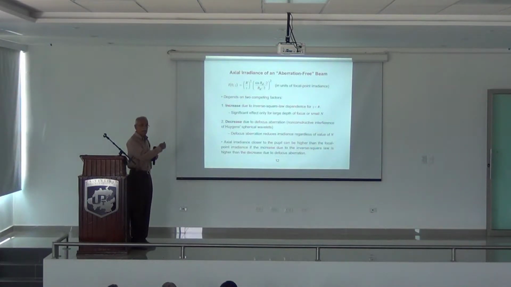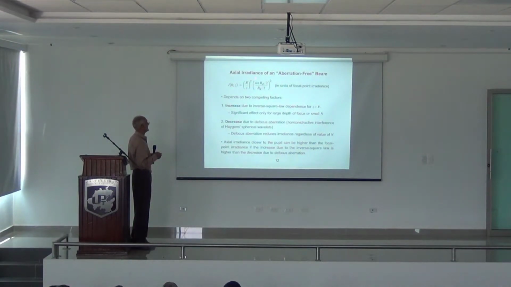Okay, if you carry out that integration, you can carry it out in closed form. This is the result. It is in units of the focal point value. This number, sin x over x squared, is less than or equal to 1. It represents the Strehl ratio. Strehl ratio has to be less than or equal to 1. We said aberrations will reduce the central value.